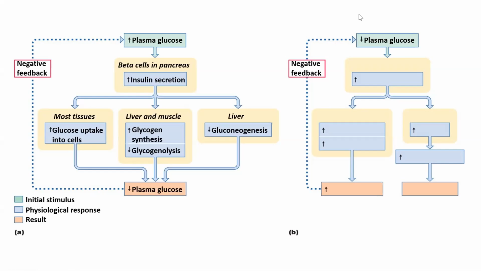So let's kind of fill this in here. So first of all, we know this is being secreted from the alpha cells in the pancreas. Okay, and you can kind of fill this table in with me as we go. And the alpha cells in the pancreas are going to increase the secretion of glucagon.